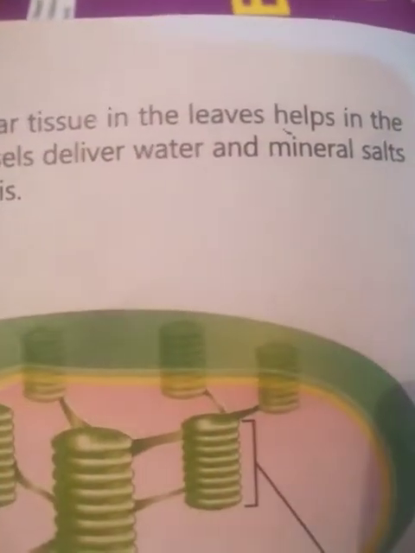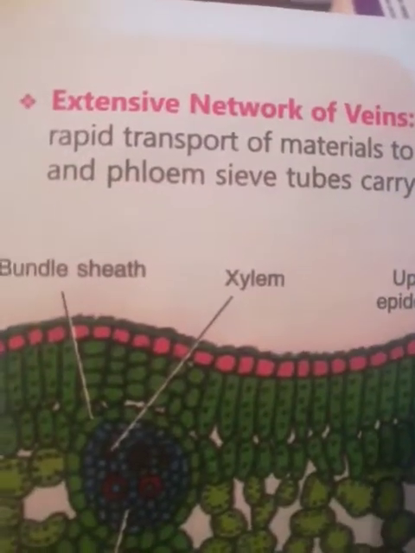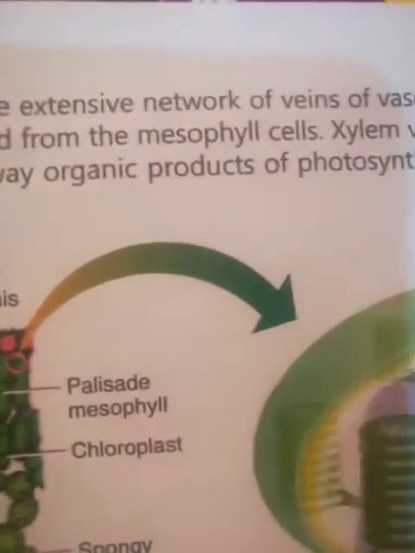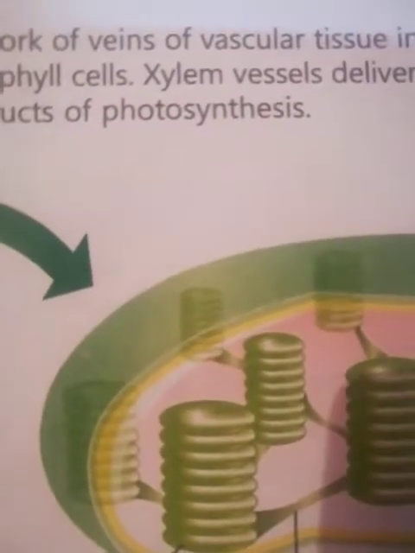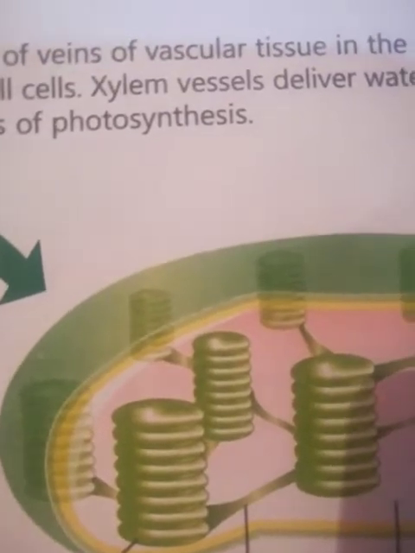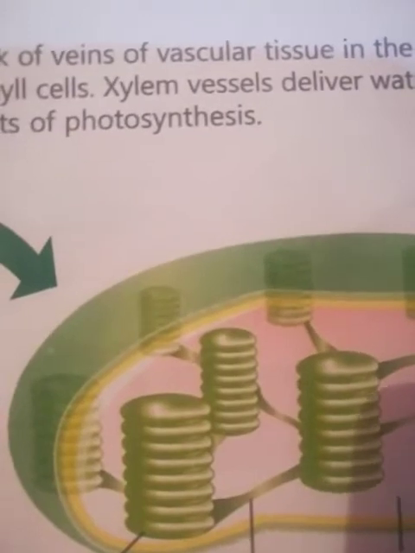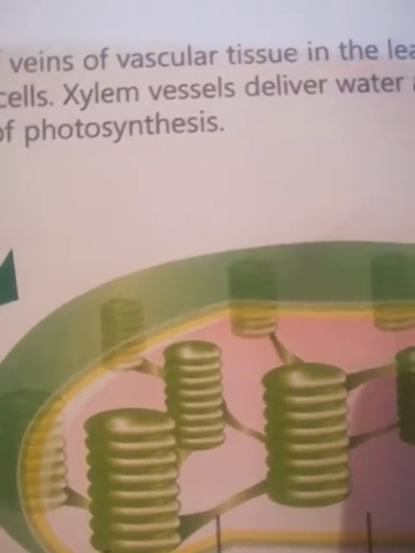Xylem vessels deliver water and mineral salts, and phloem sieve tubes carry away the organic products of photosynthesis. Means xylem helps in absorption of minerals and water from soil, and phloem helps in transportation of food material from the leaf to other parts of the plant body.